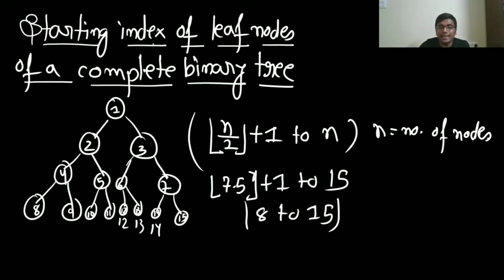So the starting index of the leaf nodes of a complete binary tree is floor of n by 2 plus 1 to n.